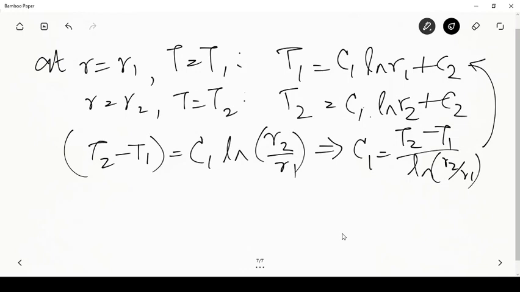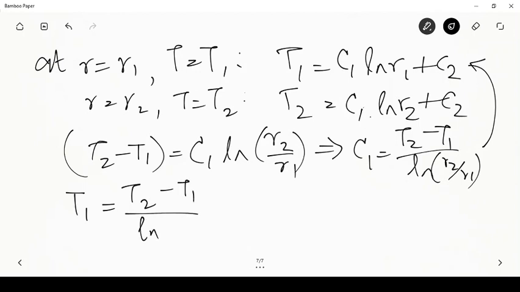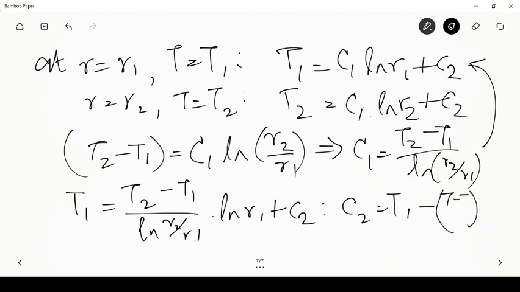T1 is equal to T2 minus T1 by log R2 by R1 into log R1 plus C2, which basically means C2 is equal to T1 minus this whole thing, T2 minus T1 by log R2 by R1 into log R1. So this is the term that you get.